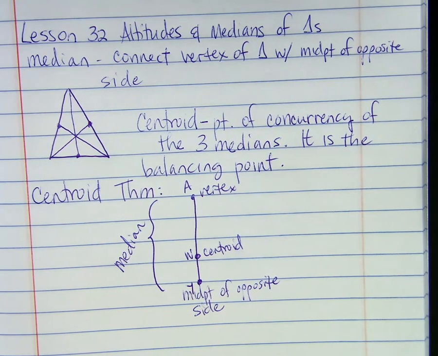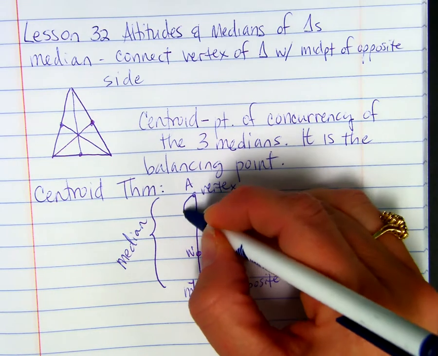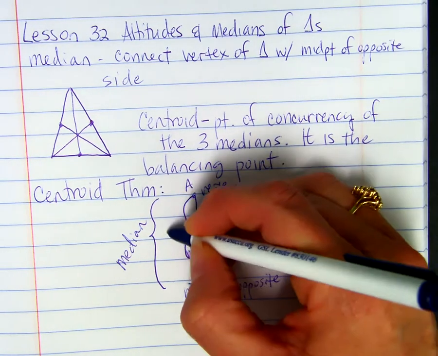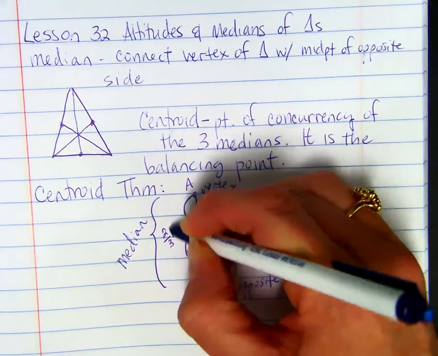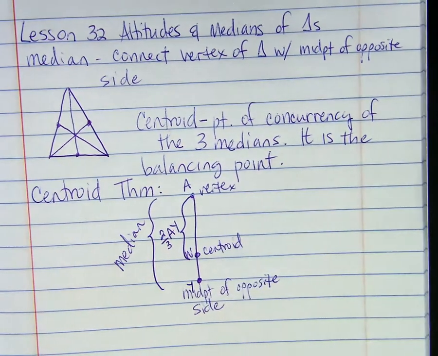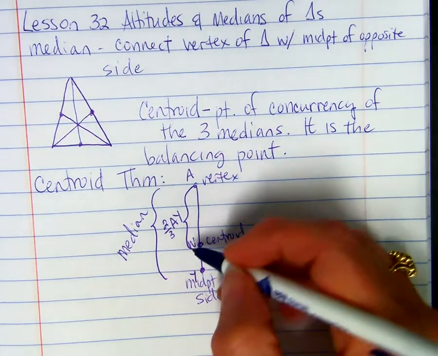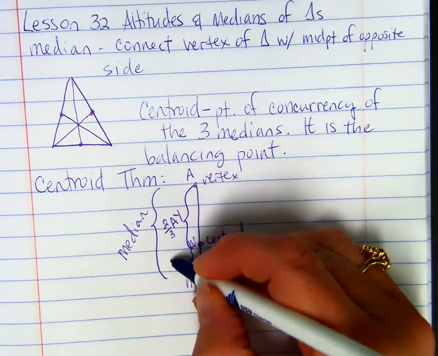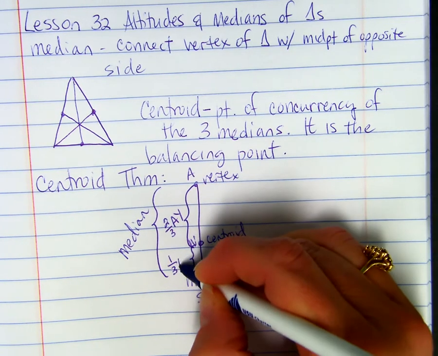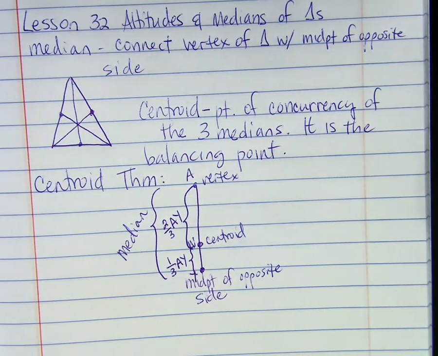So the length of AW is 2/3 of the total length of the median. And then WY is the rest, so 1/3 of the total median.